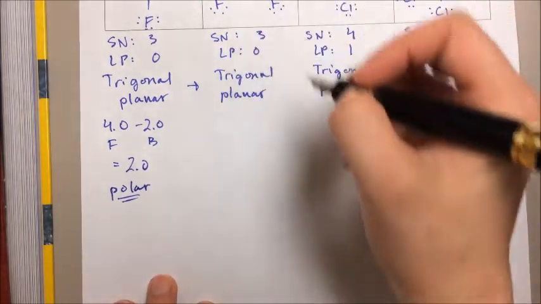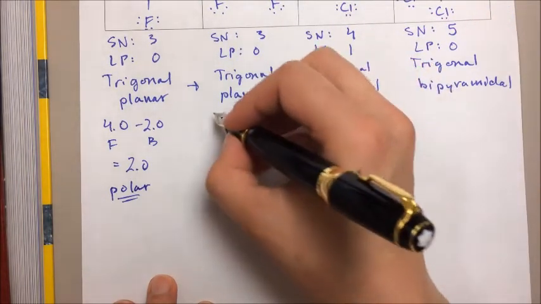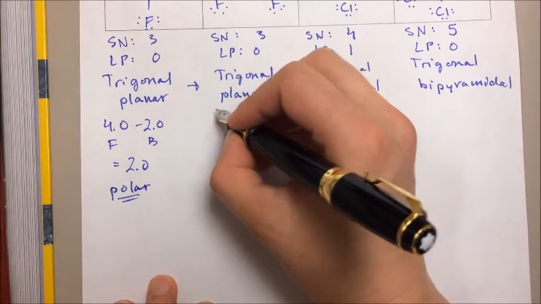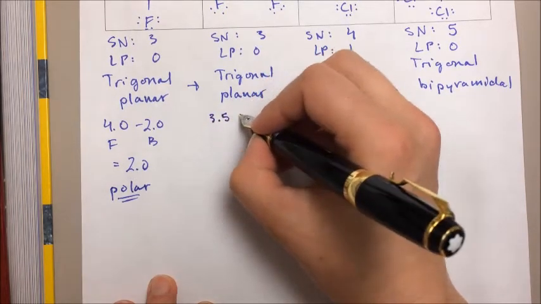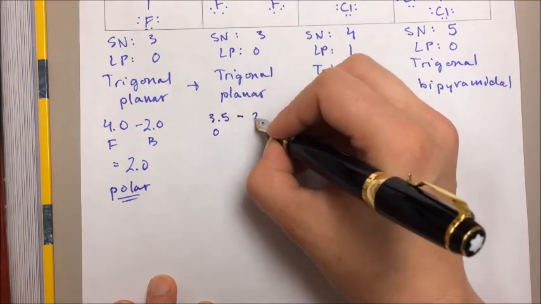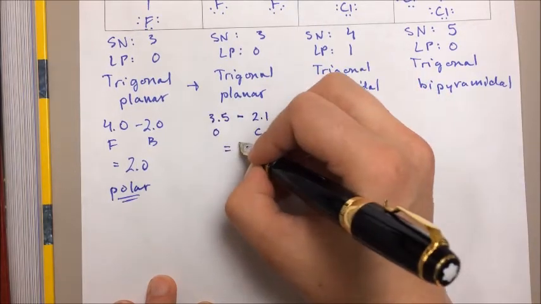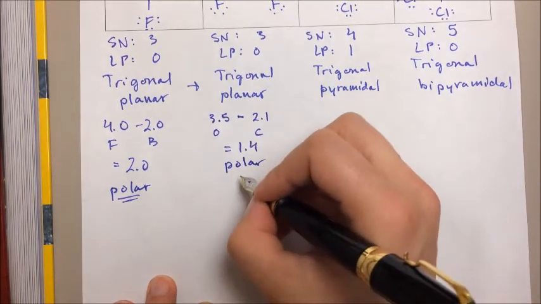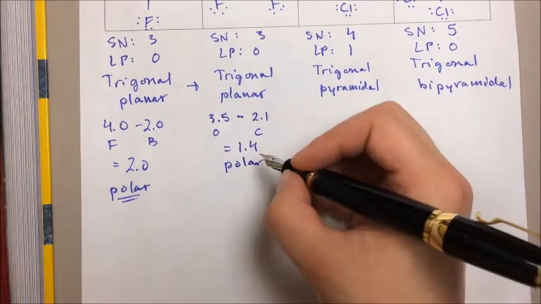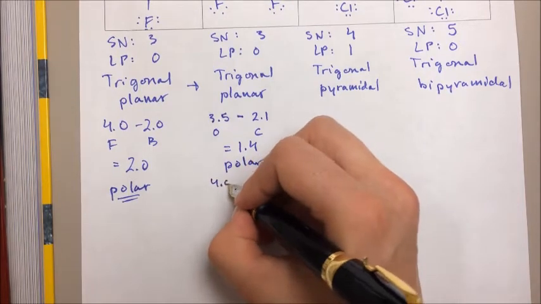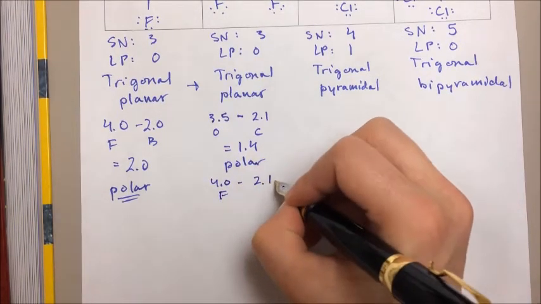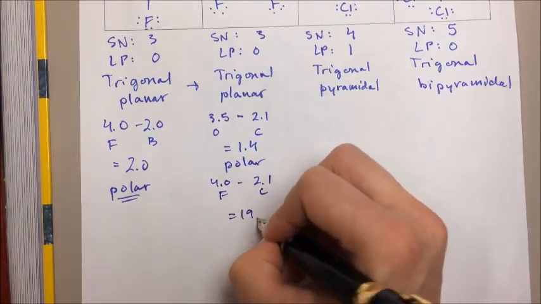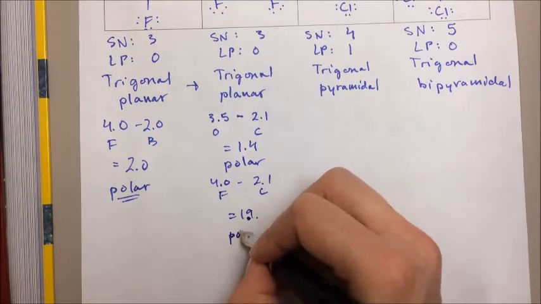In the case of COF2, for the carbon-oxygen bond, that's going to be 3.5 for the oxygen minus 2.1 for the carbon equals 1.4. That's a polar bond. In the case of the carbon-fluorine bond, you're going to have 4.0 for the fluorine minus 2.1 for the carbon. That equals 1.9. That's also polar.